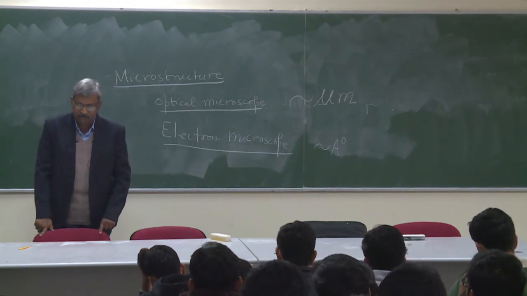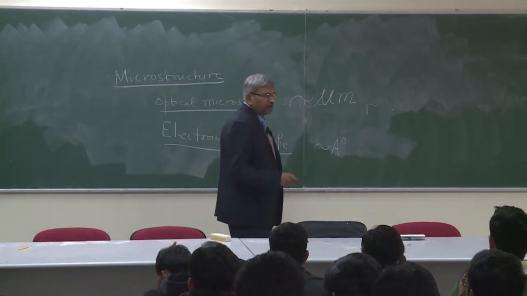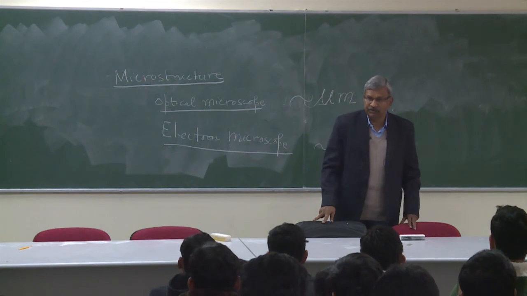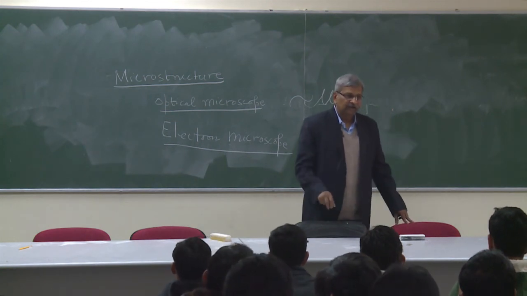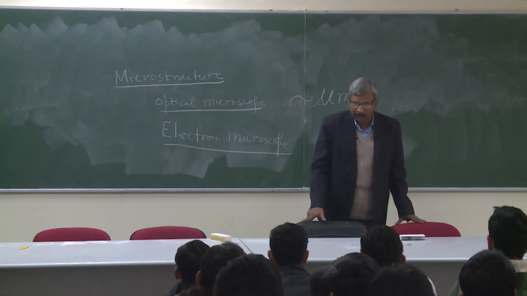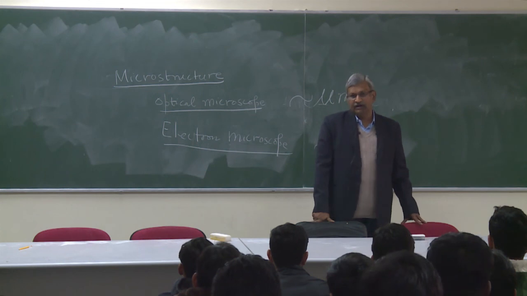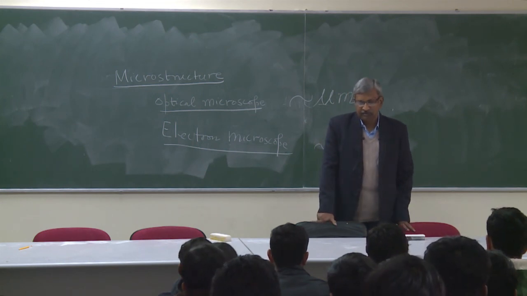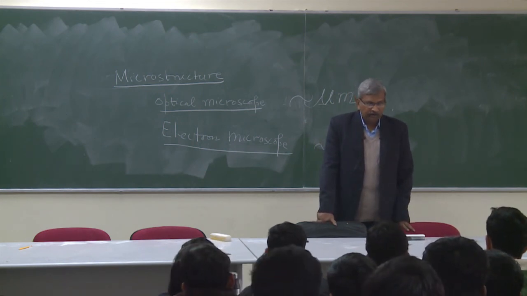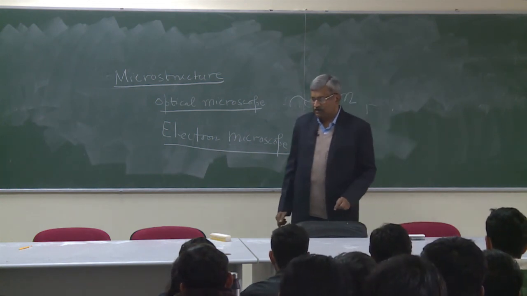To know the structure and finally relate properties to structure, and for knowing the structure we are supposed to see it, and for seeing you have to employ tools other than your own eye, and those tools were optical microscope and electron microscope. Okay?